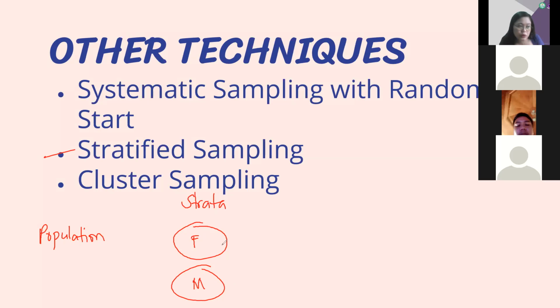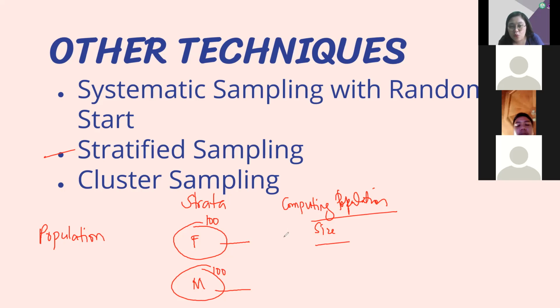After dividing the population into different strata, you will be computing for the sample size. Okay? Magko-compute ka ngayon ng sample size, you can use the Raosoft software or you can use the Slovin's formula, pero isa-isahin mo siya. Kung meron kang 100 na babae dito and 100 na lalaki, i-compute mo yung sample size.